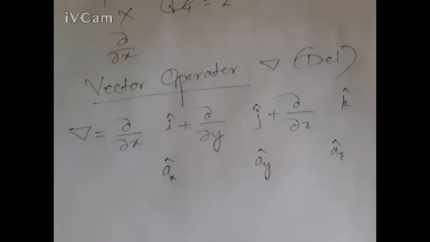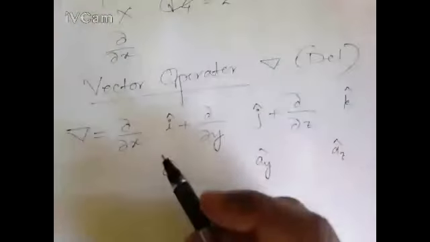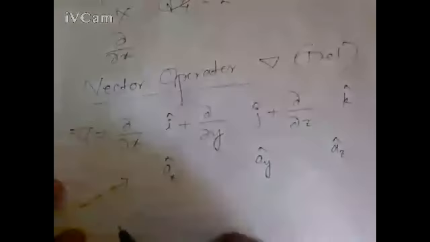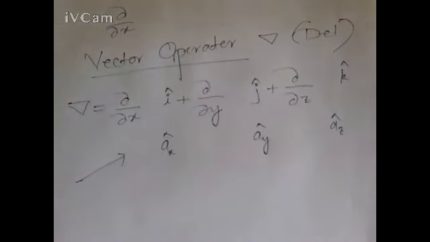So why should we use this del operator or the vector operator? We have a vector, and we can represent that vector with some equation, maybe a lengthy equation, such as electric field, magnetic field, force, or whatever physical quantity.